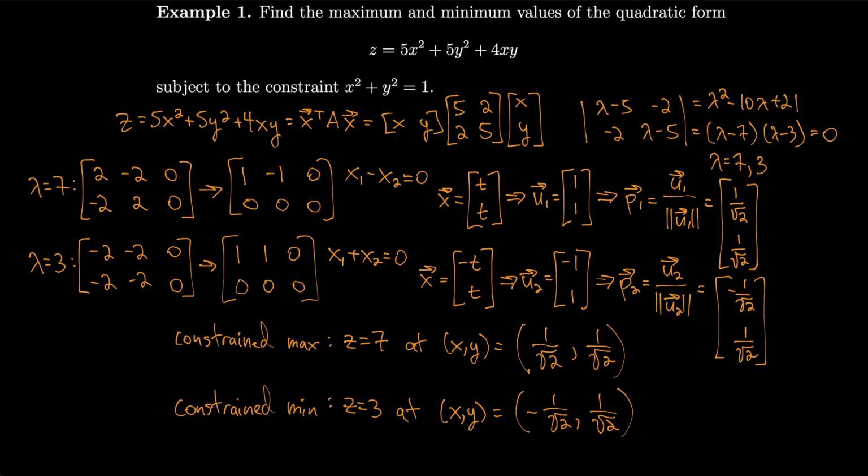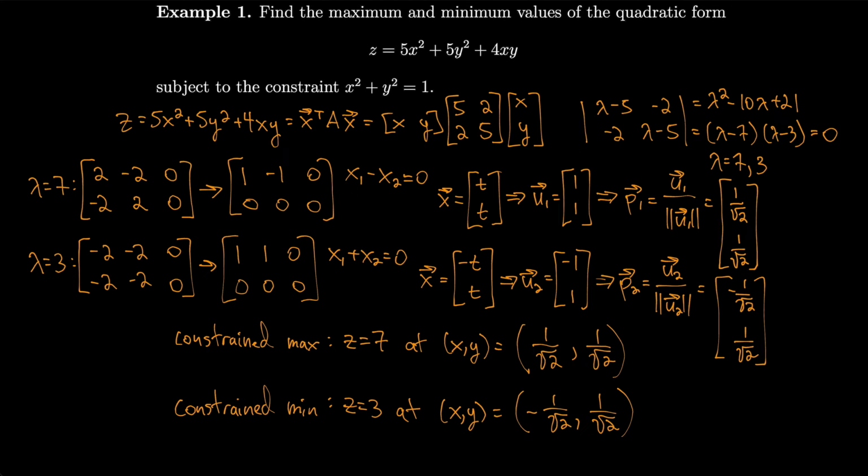These are not the only possible eigenvectors that give us these maximums and minimums. We could have also seen that x, y equal to minus 1 over root 2, minus 1 over root 2 and x, y equal to 1 over root 2, minus 1 over root 2 would work. Remember that all values of t produce eigenvectors that work here.